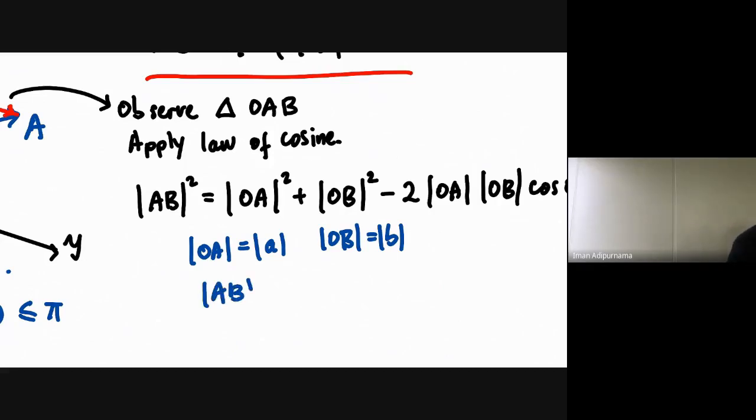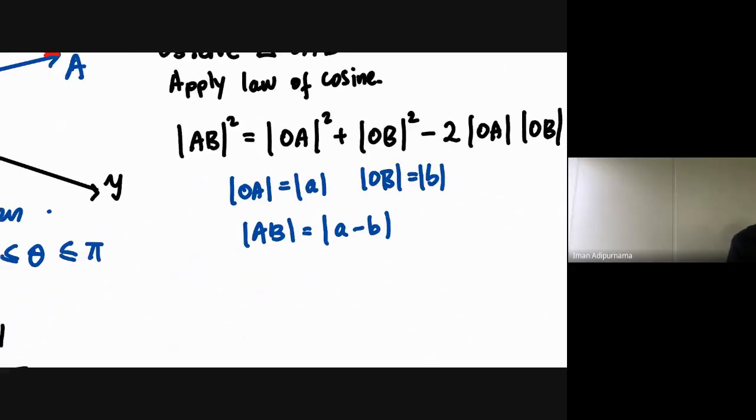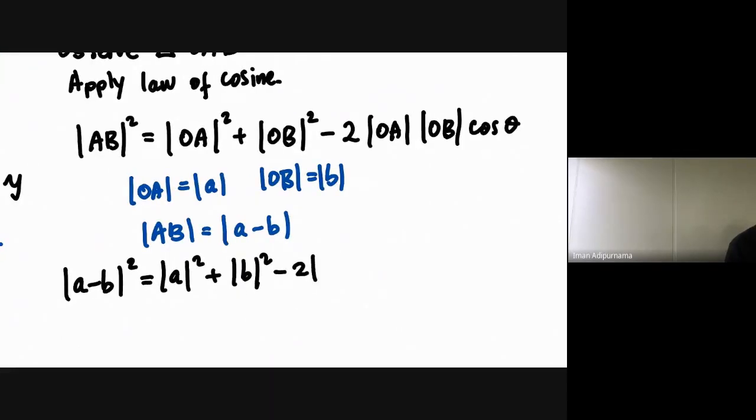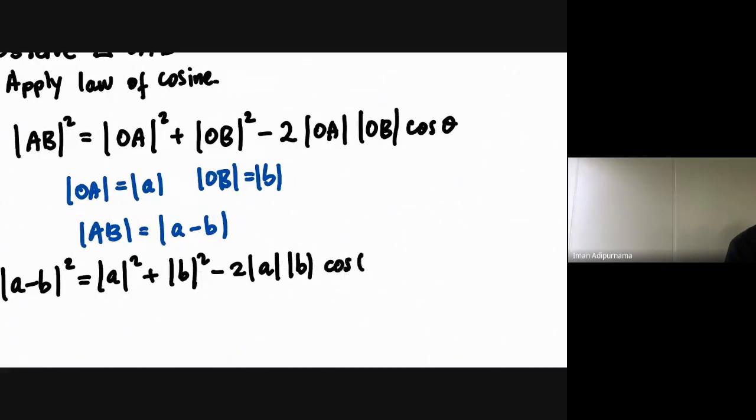And vector AB is vector A minus B. So we can write this becomes A minus B squared. And this is the formula. And then cosine theta.